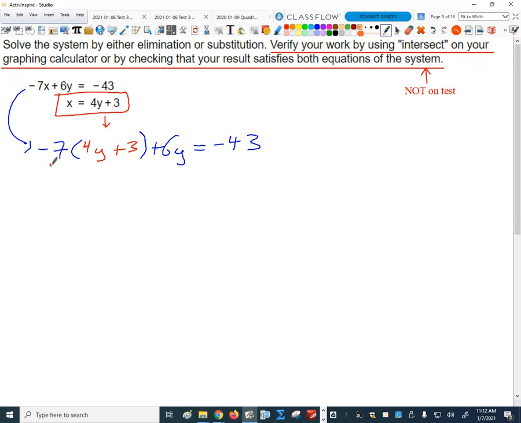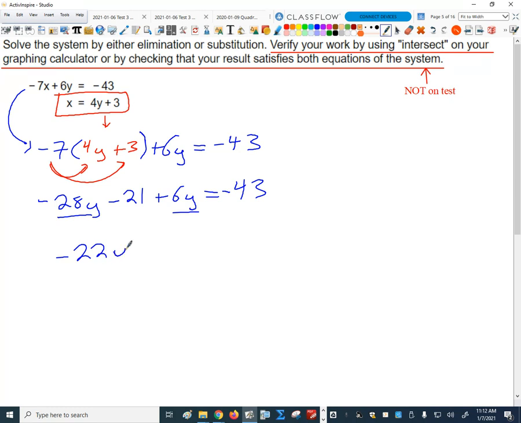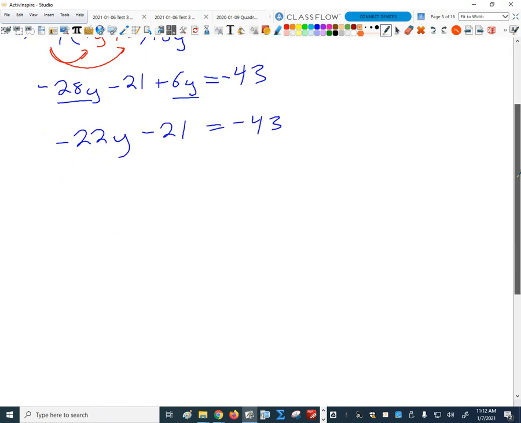We would just distribute the -7 and get -28y minus 21 plus 6y equals -43. And I could combine like terms here, couldn't I? Negative 28y plus 6y is negative 22y. Minus 21 equals negative 43.